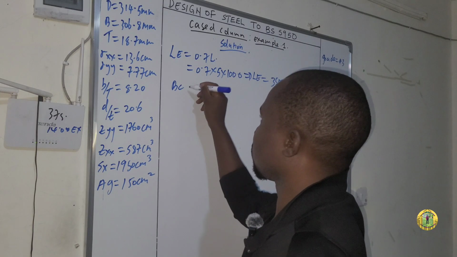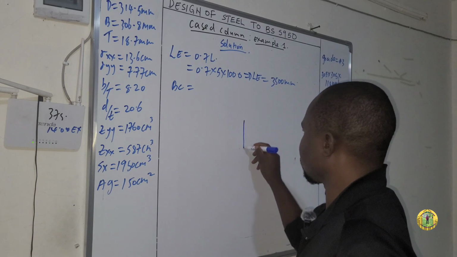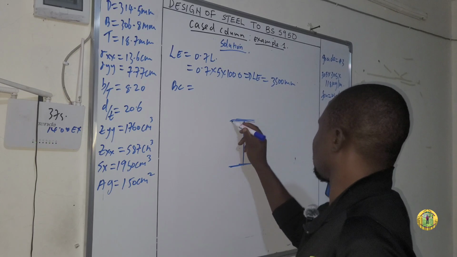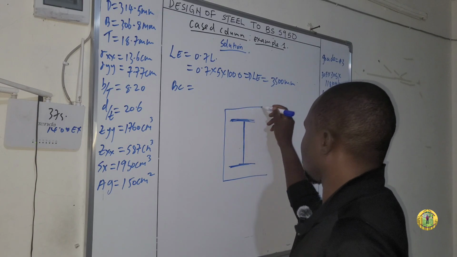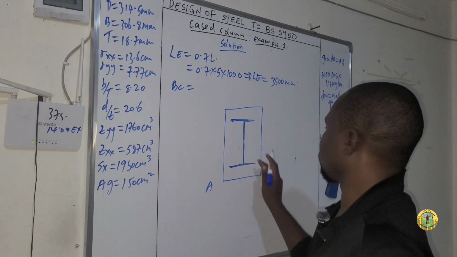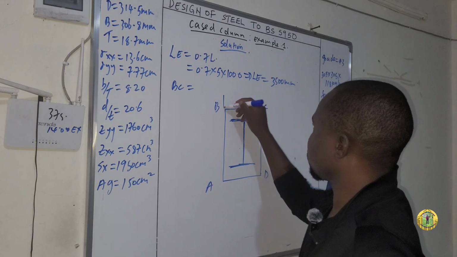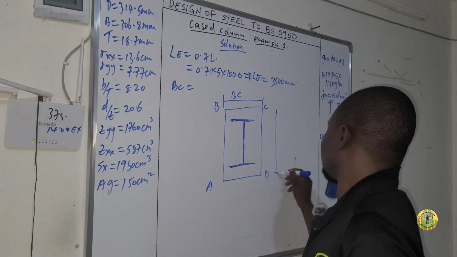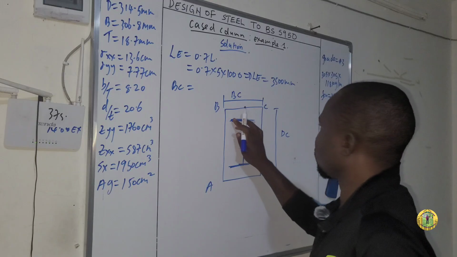Distance BC will be given by this formula. Remember, if you have a cast steel like this, if this is A, B, C, D, this distance is what we call BC, and this distance is what we call DC.